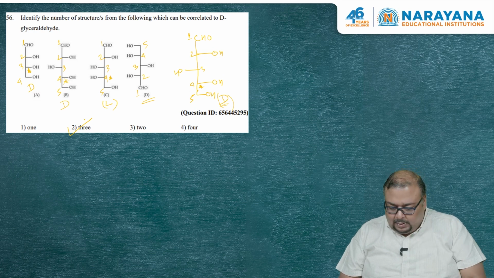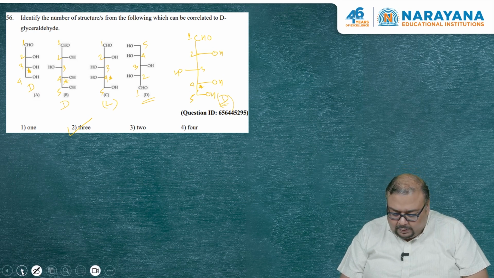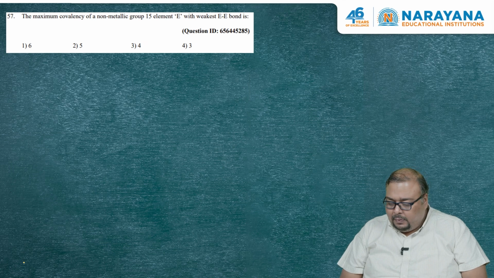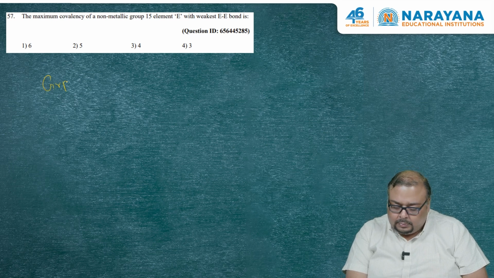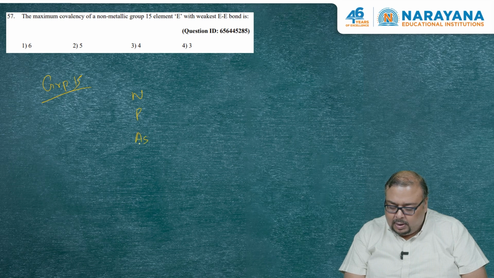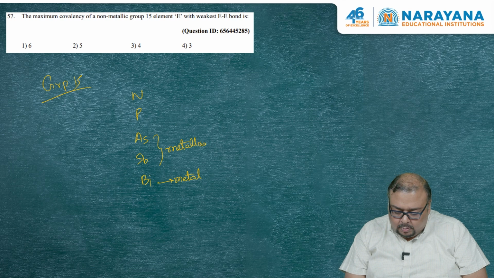Next is question number 57. Maximum covalency of non-metallic group 15 element E with weakest E-E bond. Now in group 15, the elements are nitrogen, phosphorus, arsenic, antimony, and bismuth, where bismuth is a metal, these are metalloids, and these two are non-metals.